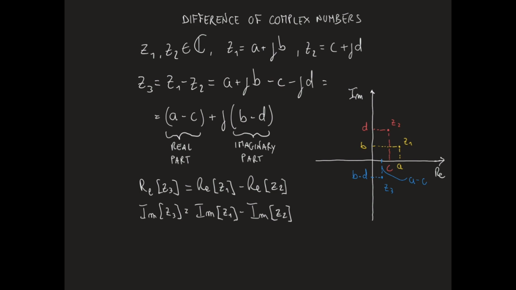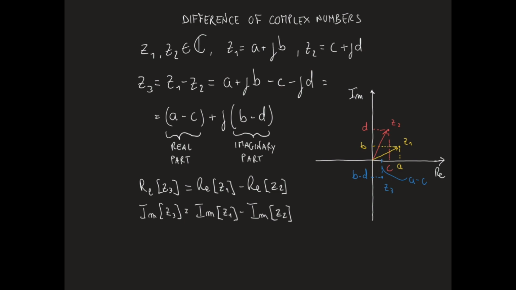The point z3 can also be seen as resulting from the difference between two vectors, one identified by the point z1 and the other identified by the point z2.